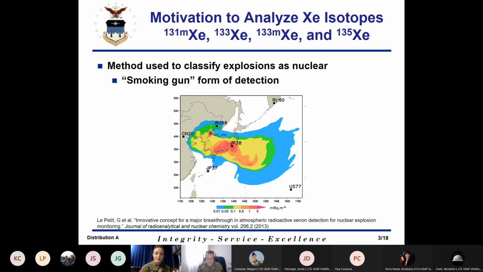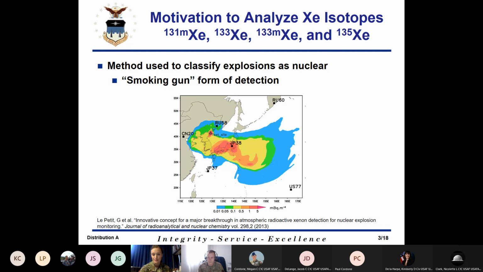If there is a detonation that is supposedly nuclear, you can use a lot of different techniques to look at the size and the different waveforms around it. But using radionuclides or different isotopes from the detonation is considered the smoking gun form of detection, because you can have a massive conventional explosion, but if you start to measure radioisotopes from it, then you can check the box that it is in fact nuclear.